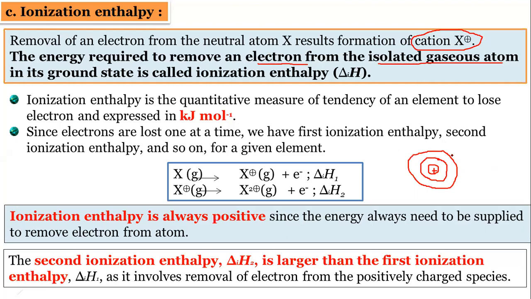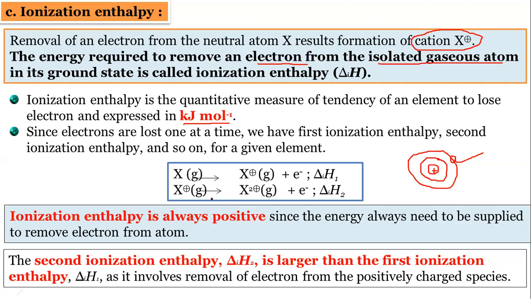The amount of energy required to remove the electron present in the valence shell is called ionization energy. This energy is expressed in kilojoules per mole, which is the unit of ionization energy. Ionization energy values are always positive because energy is always required to remove electrons.